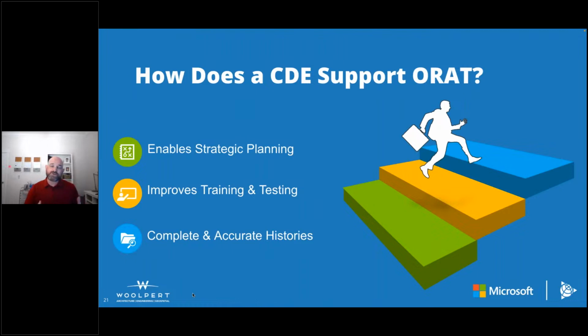So specifically, some of those benefits of having a common data environment, having access to this asset data early, is it enables strategic planning. And so I'm going to talk a little bit about those activities that we do in that early planning phase of ORAT, and how having access to current data from the project can greatly improve that process. It improves the training and testing phases as well. So I'm going to show how having that asset data gives us the ability to better identify what training we need to do and build those programs, as well as ensure that we're doing all the appropriate tests and trials and using the information in our tests and trials, and how that improves that process.